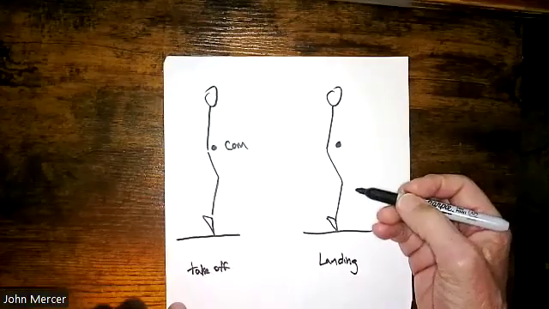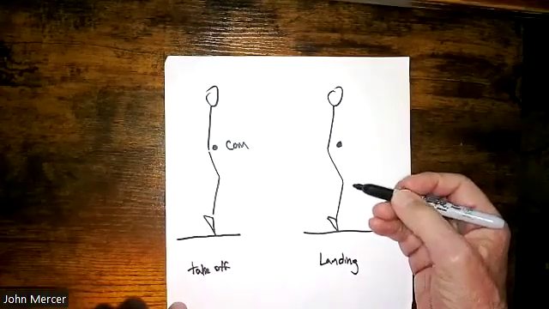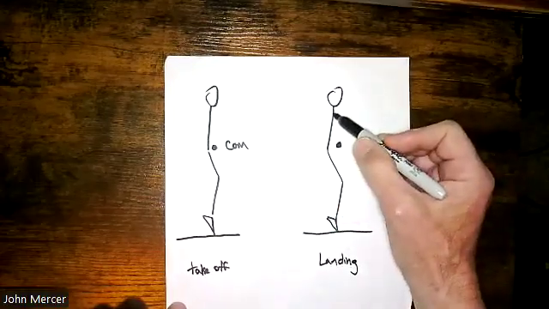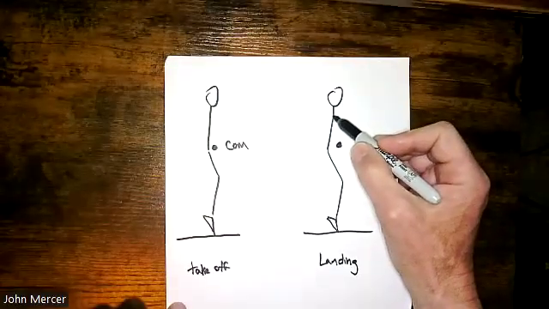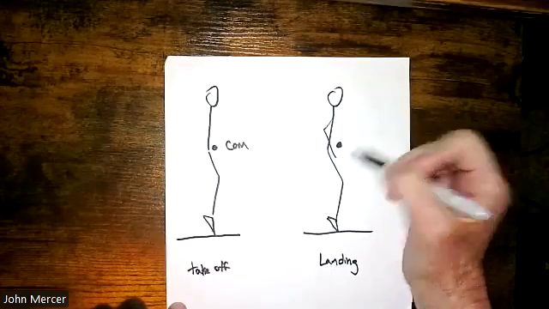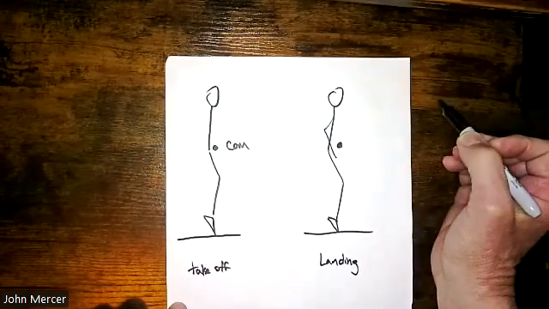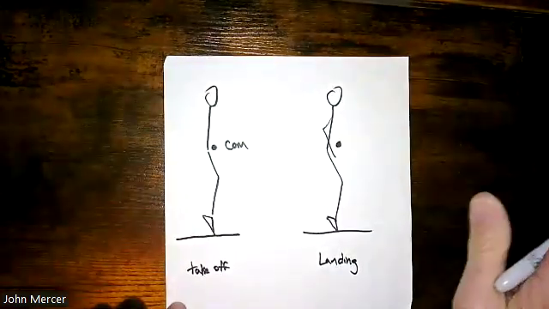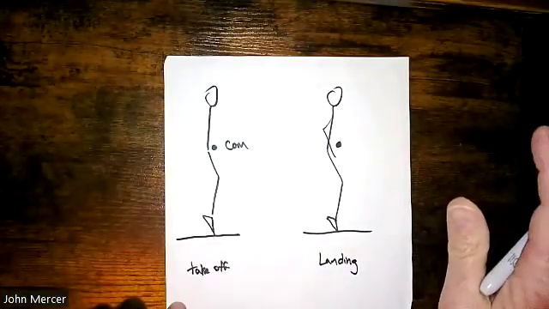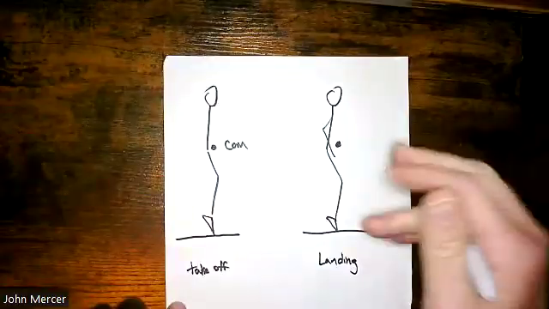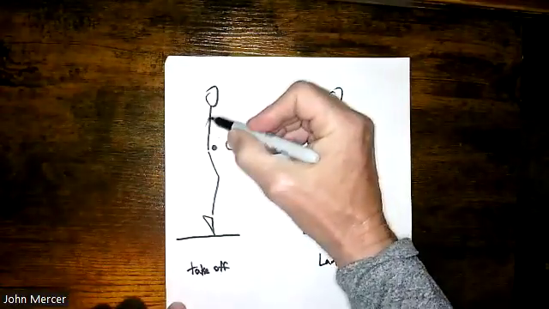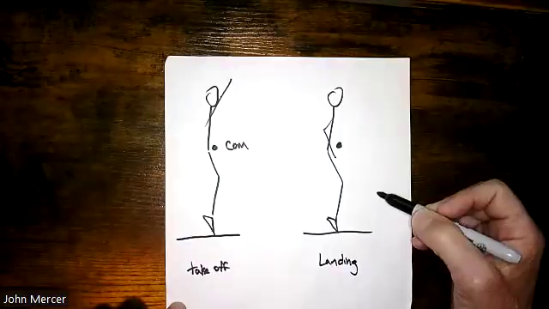The trick is the arms. What to do with the arms? Well, how do we land during a jump? Typically we land with our arms down. If we tell someone to jump as high as you can, and you don't give them any instructions on what to do with their arms, they usually take off with the arms up.